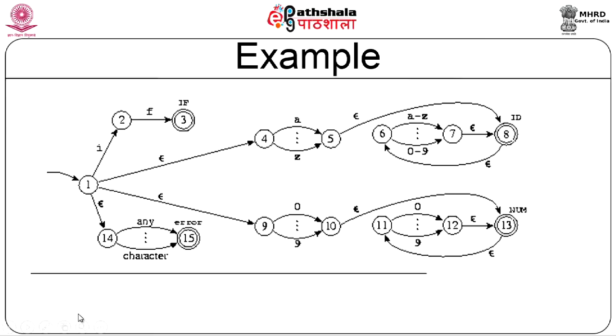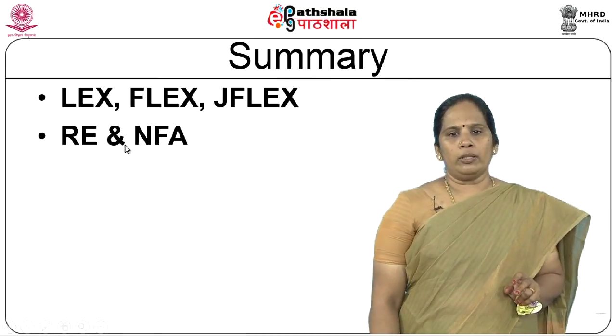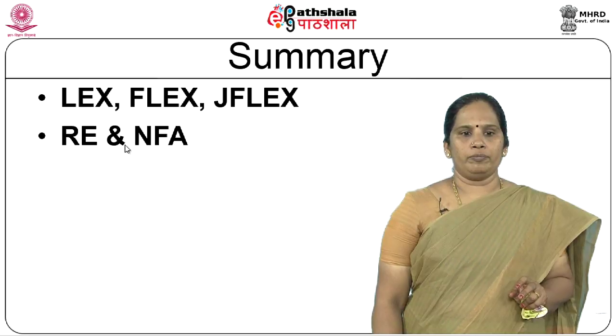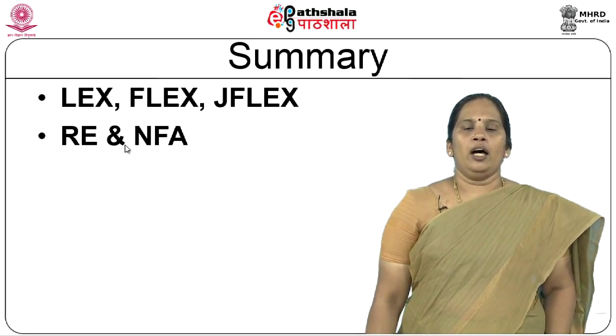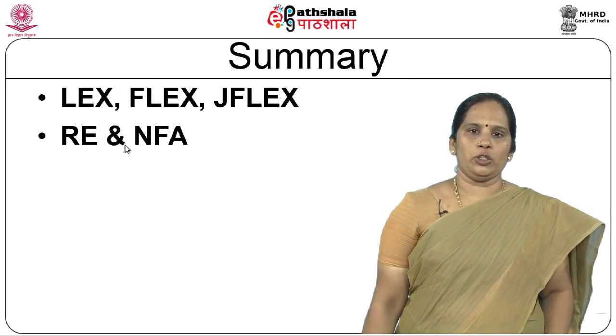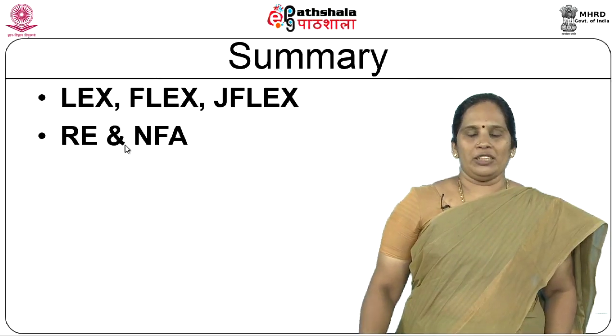Now, to summarize what we have seen as of now, we have looked at Lex, Flex and JFlex, where Lex and Flex are C versions of your Lex program and JFlex is a Java version, which has 3 components.